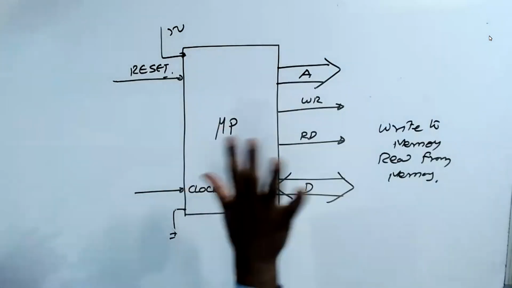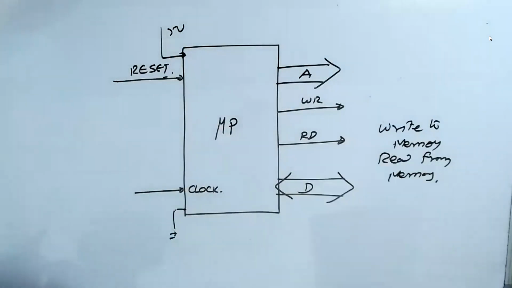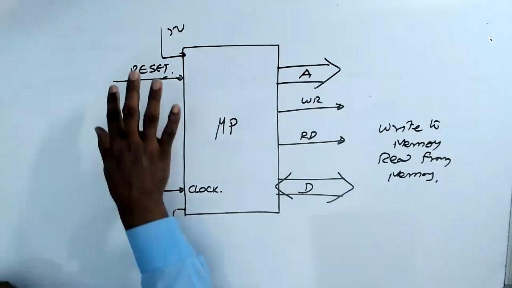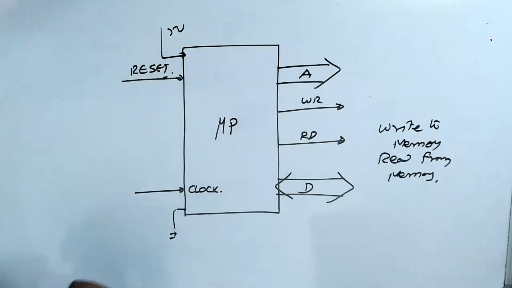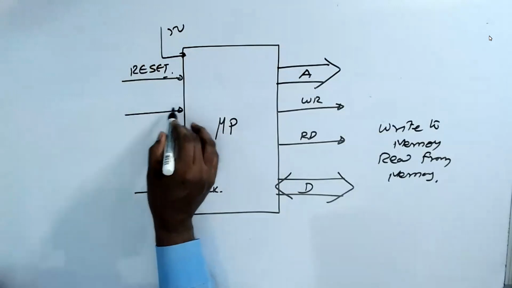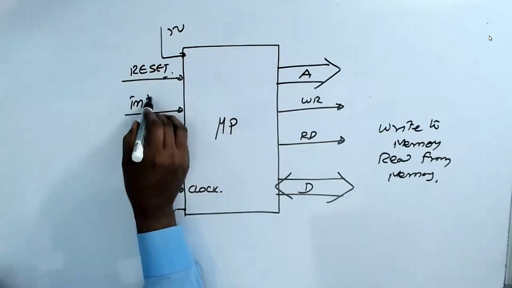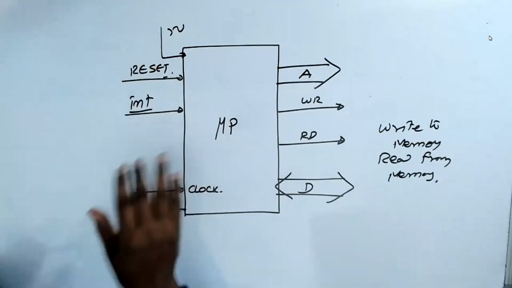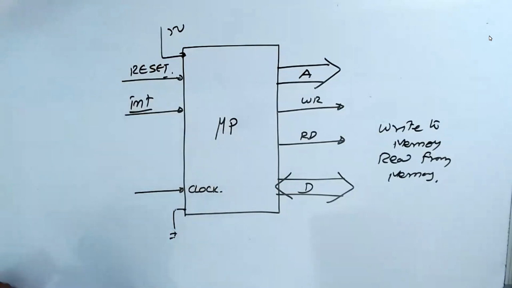This is the way it works. So this is all about the microprocessor. But it has one more signal called int. That's called interrupt. What it does is simple.